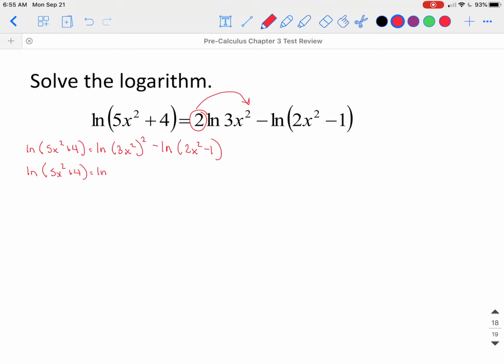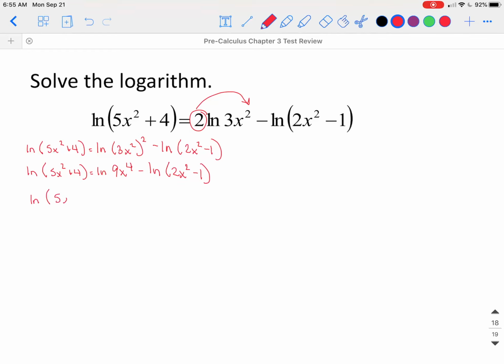So that'll give us the ln of 9x to the 4th minus ln of 2x squared minus 1. We do this because we're going to try to condense this down as far as we can and then get rid of our logarithms. Now subtraction, we know we can condense and make division.